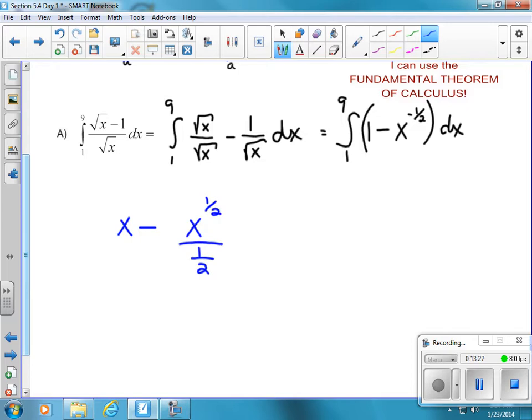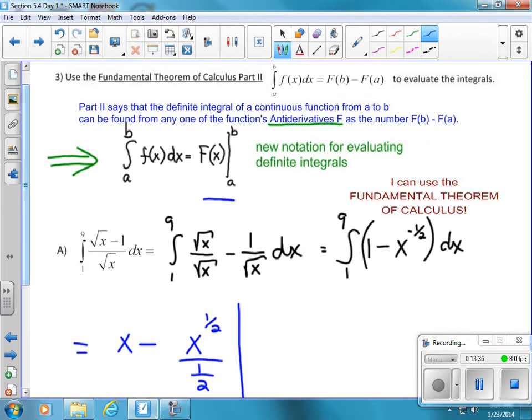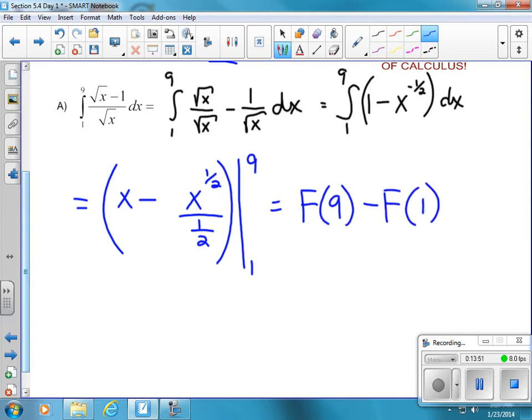So add 1 and then divide by that number. All right, in our new notation with the big integral, this is our big F of x, our antiderivative. We're going to take this from 1 to 9, which means we take the antiderivative at 9 and subtract the antiderivative at 1.